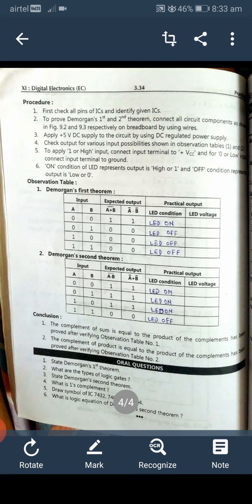Procedure for this practical is: first, check all the pins of the ICs and identify the given ICs. To prove De Morgan's first and second theorem, connect all the circuit components as shown in the figure on breadboard by using the given ICs.